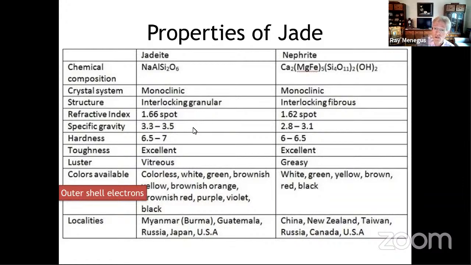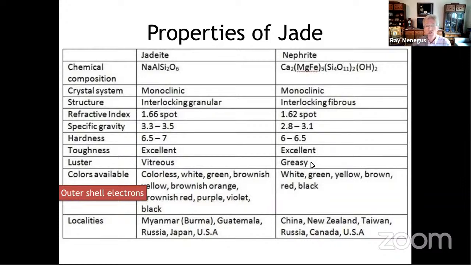It's also denser than the nephrite. And because of these properties, it's described as vitreous. So the granular interlocking structure makes it more glass-like. The fiber structure makes nephrite more resin-like.